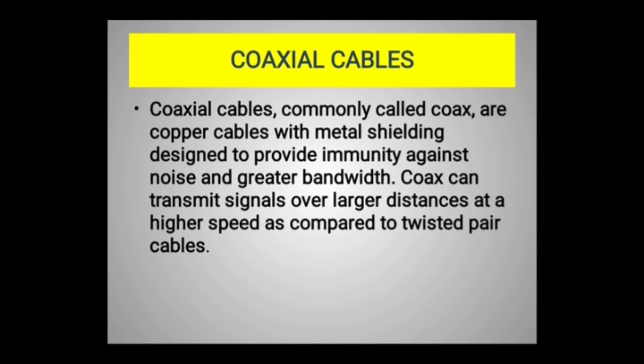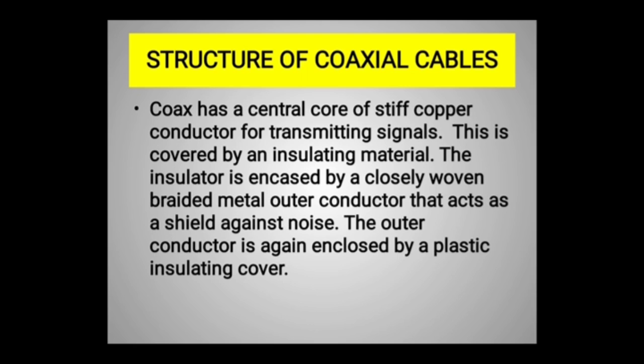They are designed with a metal shielding to provide immunity against noise and greater bandwidth. If I compare twisted pair and coaxial cable, coaxial cables are a much better version. Coax can transmit signals over larger distances at higher speed as compared to twisted pair cable.